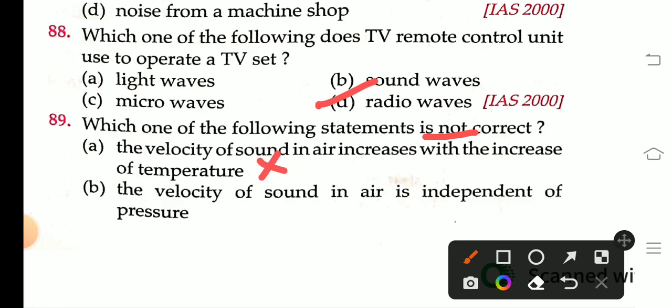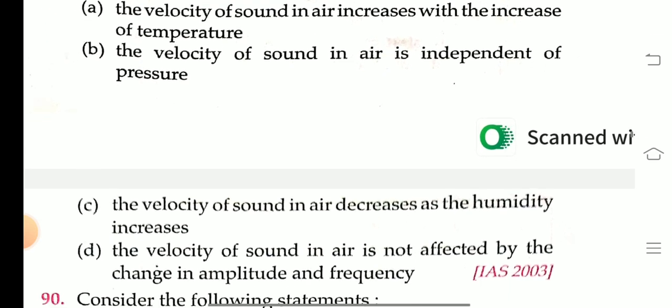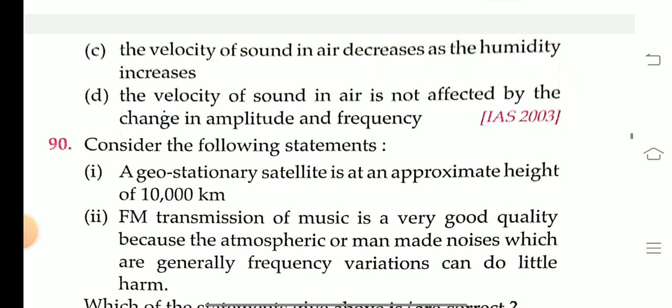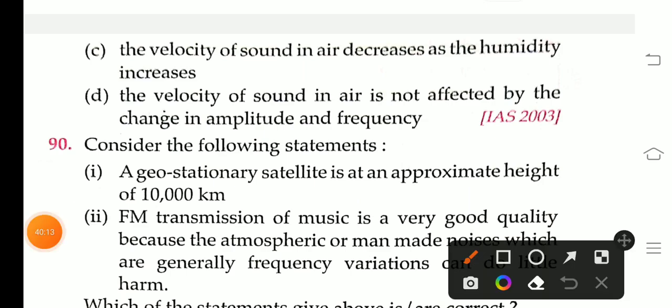The velocity of sound in air is independent of pressure. The velocity of sound in air decreases as the humidity increases. That is option C.